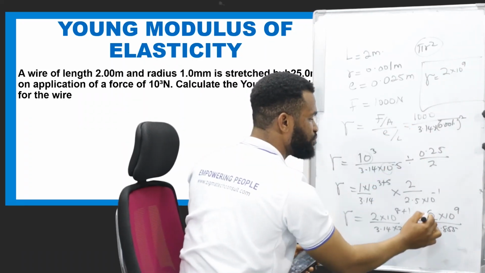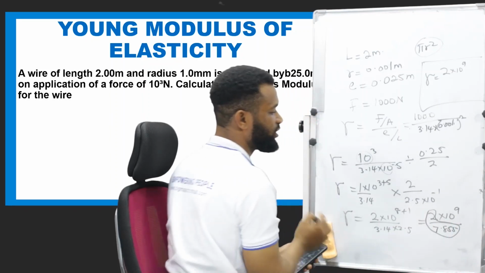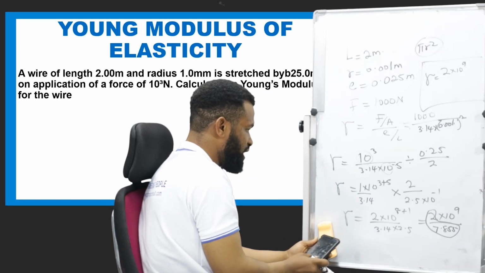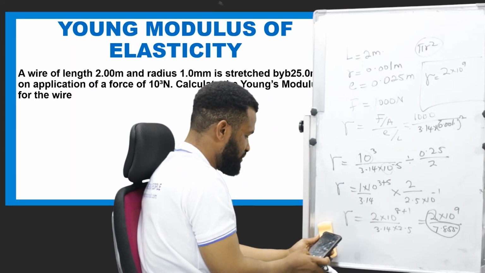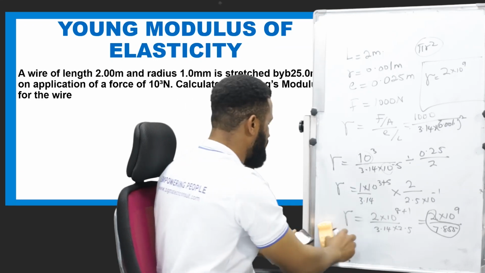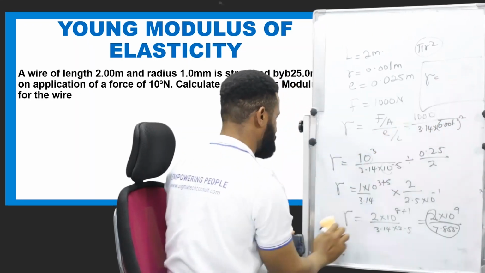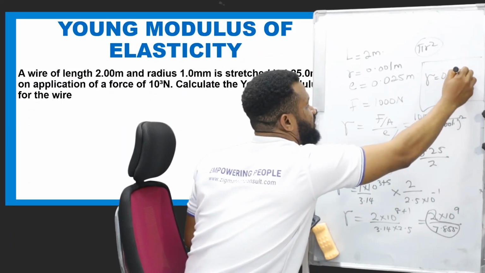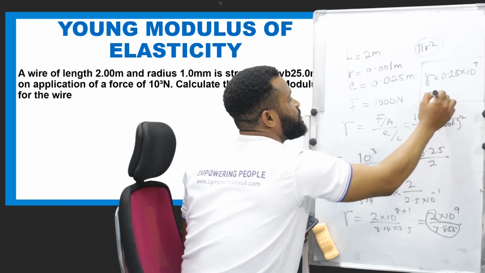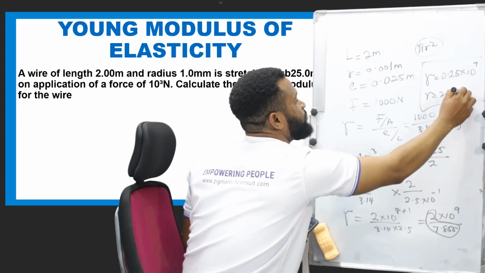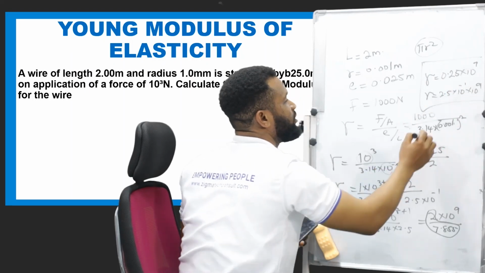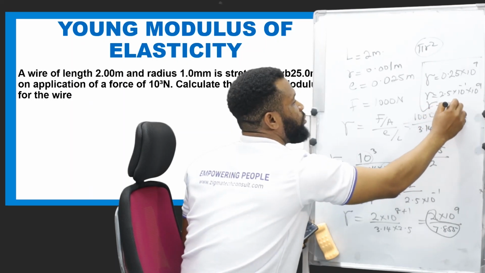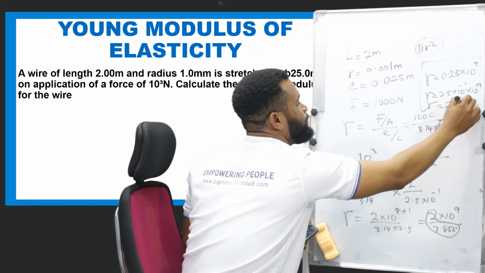I'm going to divide 2 by 7.855 first, then whatever I have, I'll multiply by 10 raised to the power 9. So 2 divided by 7.855 gives 0.25 times 10 raised to the power 9. So the Young modulus is 2.5 times 10 raised to the power minus 1 times 10 raised to the power 9, which is 2.5 times 10 raised to the power 8.